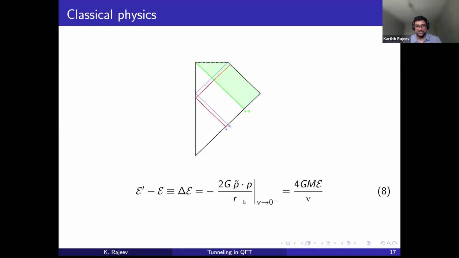So you can compute the change in energy as the particle crosses this shell from this form. It's almost Newtonian mechanics, but this time instead of the mass of the particles multiplied, it is the energy of these two particles: the momentum of the particle, P, and P tilde, the momentum of the black hole itself.